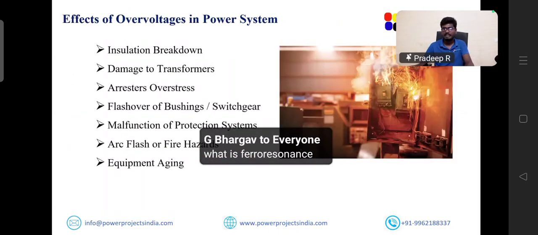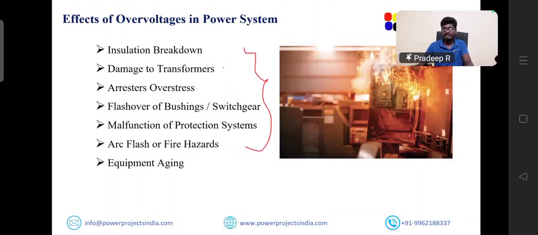Then the effects, that also we know. What are the effects? The basics only: insulation breakdown, like damage to the transformers. The arresters will be getting overstressed. Sometimes, in most cases, flashover of bushings or switchgear, then malfunction of protection systems. Similarly, arc flash or fire hazards.